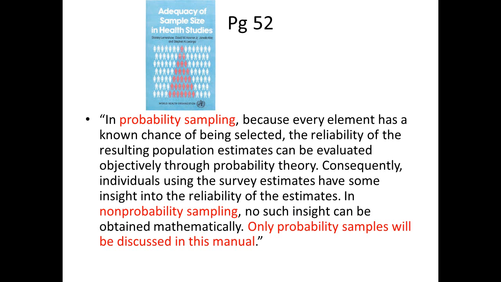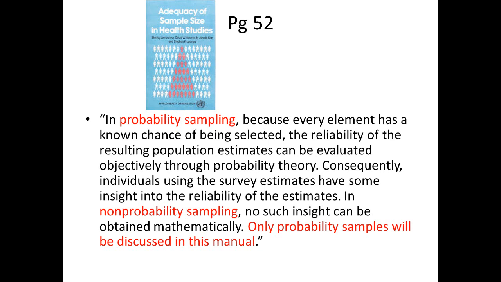Now, if you go to page 52 of the book, you will find this is the book on adequacy of sample size in health studies. Okay, it tells you how to calculate sample size. Now, let me read the relevant passage to you. In probability sampling, because every element has a known chance of being selected, the reliability of the resulting population estimates can be evaluated objectively through probability theory.